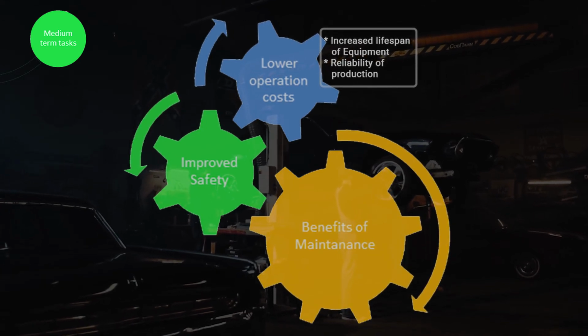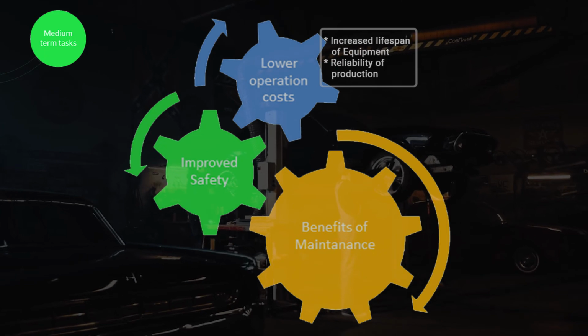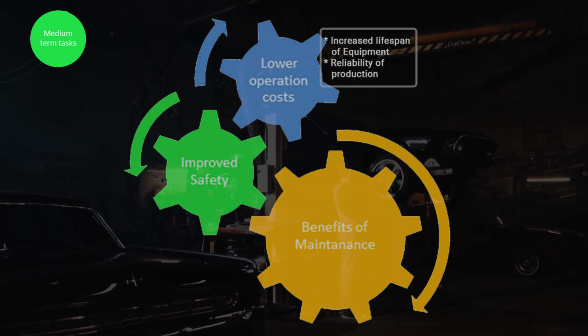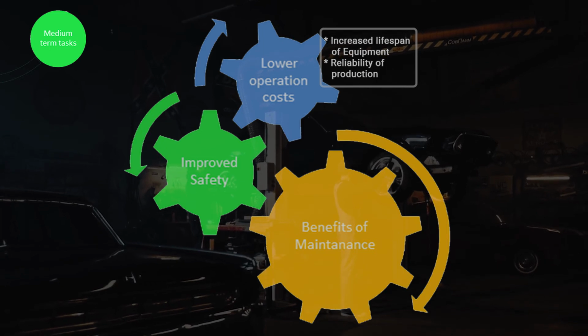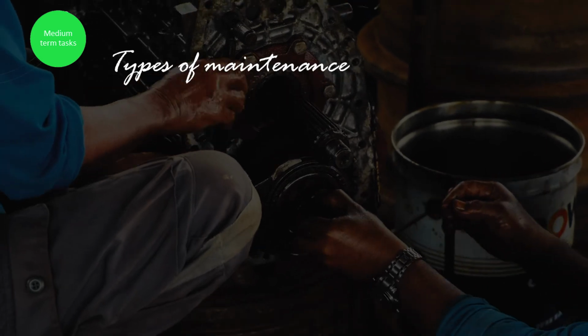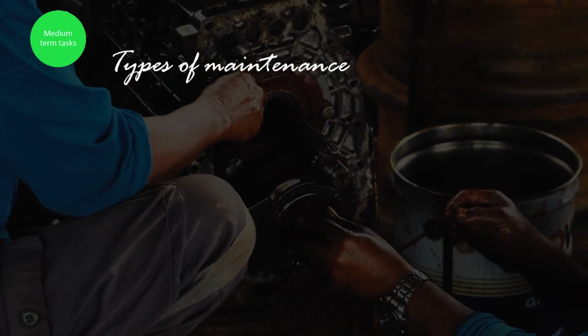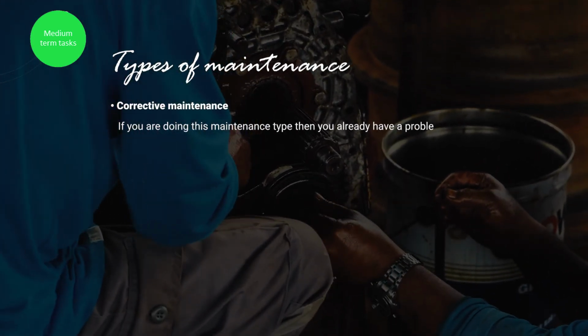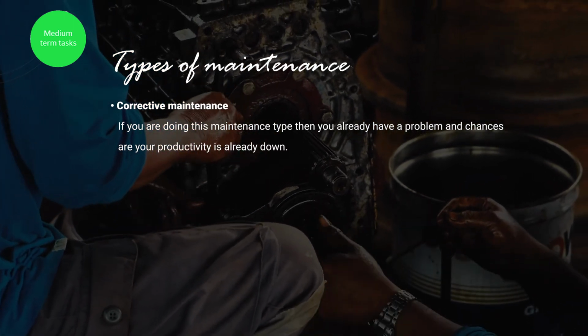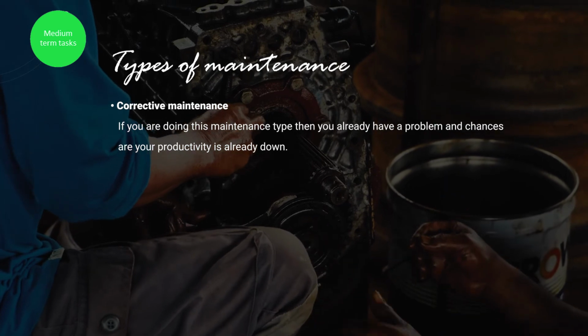Other benefits of regular maintenance will be improved safety, reliability of the production process, increased lifespan of your equipment, and lower operation costs. The types of maintenance that should be carried out may include corrective maintenance or remedial maintenance, which takes place when the machine has already broken down and is then repaired.